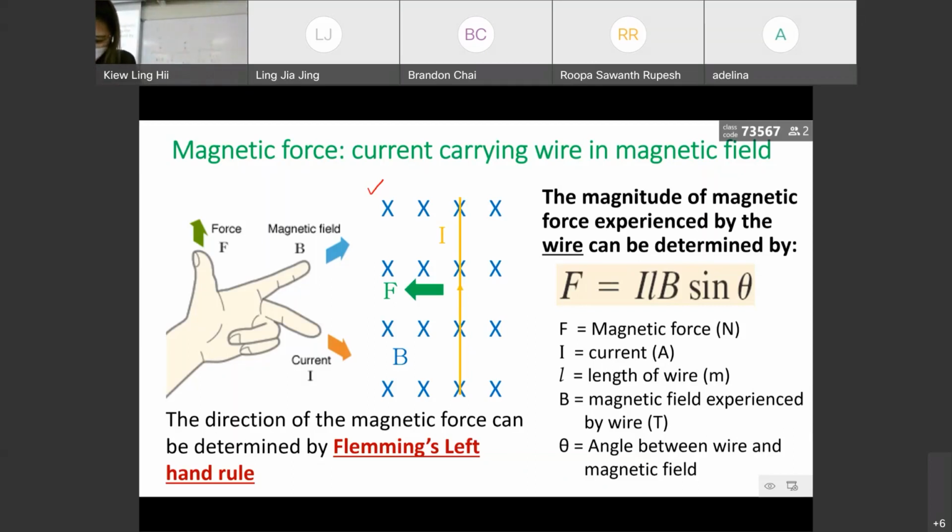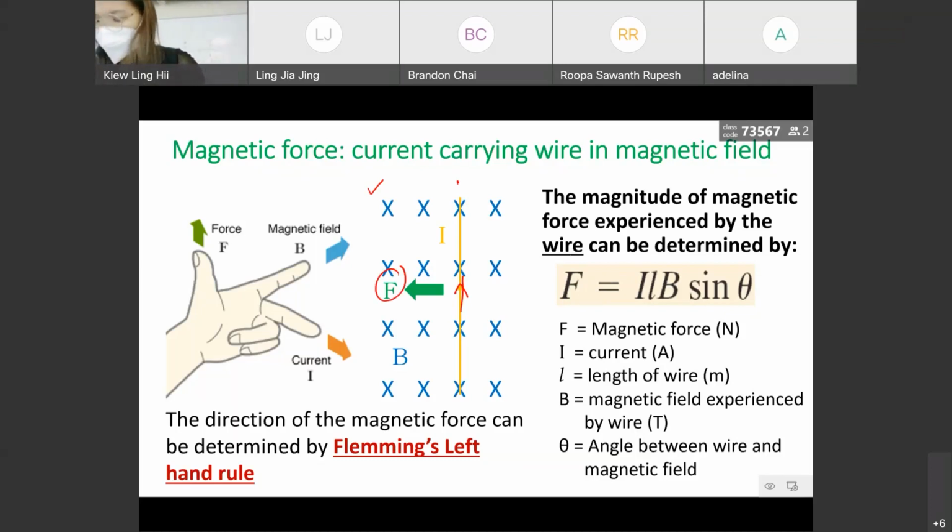In the diagram, current is going upward, so middle finger going up like this. Now turn your hand until your pointing finger points towards the screen, because the magnetic field is going into the page. So where does your thumb show? It's just to the left. So make sure if your hand is stretched like this, I guarantee you can get the correct direction. So that is how you find the direction.